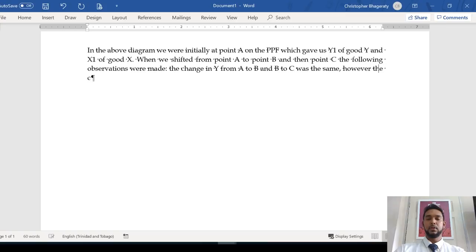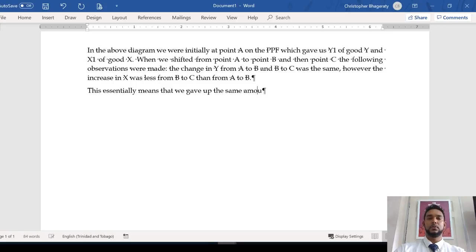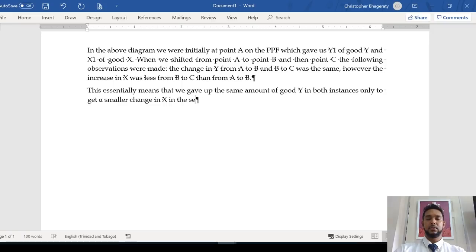However, the increase in x was less from B to C than from A to B. This essentially means that we gave up the same amount of good y in both instances, only to get a smaller change in x in the second instance than in the first.